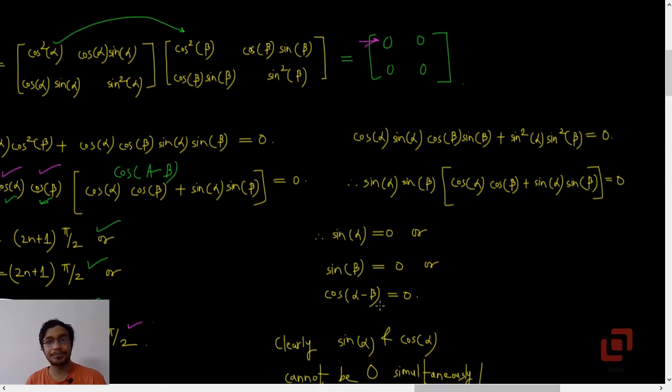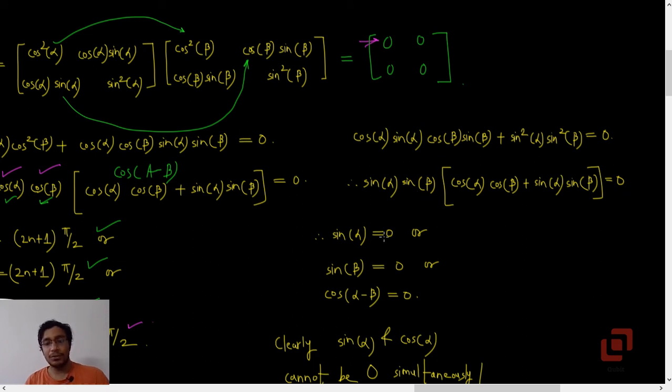This time I have considered the second row of A and the second column of B. So cos alpha sin alpha into cos beta sin beta plus sin squared alpha sin squared beta equal to 0. This time we need to take sin alpha sin beta common.